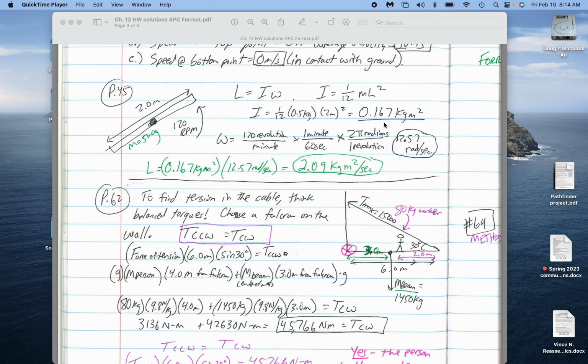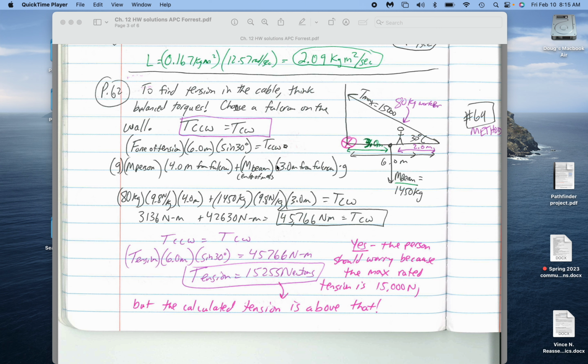So that's the moment of inertia. The angular velocity, well, if it's 120 revolutions per minute, there's 1 minute equals 60 seconds, times 2 pi radians over 1 revolution. That gives me this angular velocity. Multiply those two together, and my angular momentum is 2.09 kilogram meters squared per second.